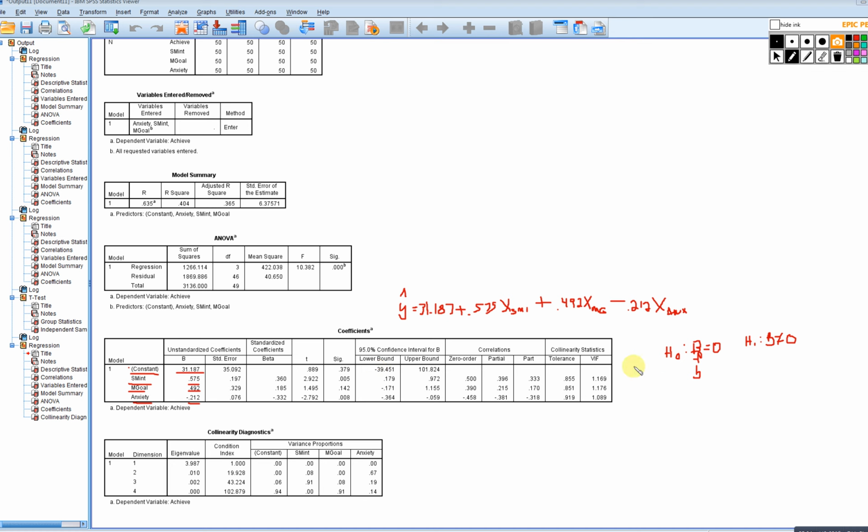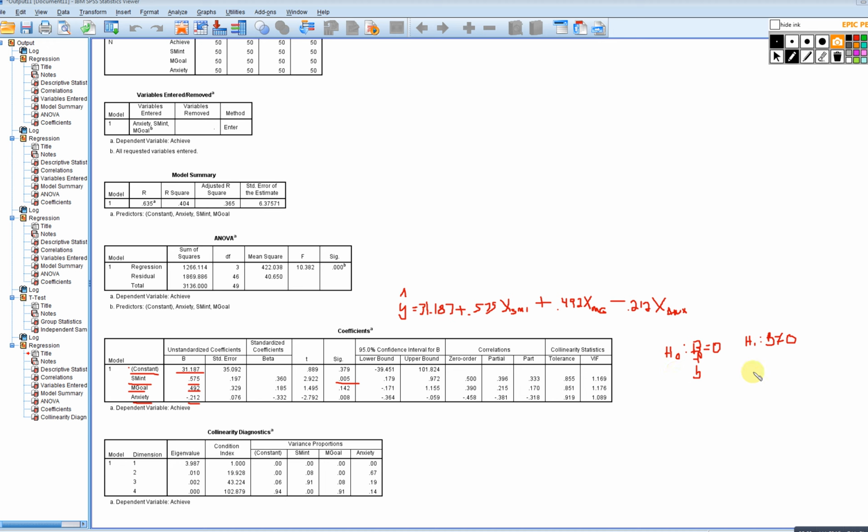So how would I test this out? I can look at the significance level right here. This is the p-value. Let's say my alpha criterion was 0.05. You can see that my p-value is 0.005.